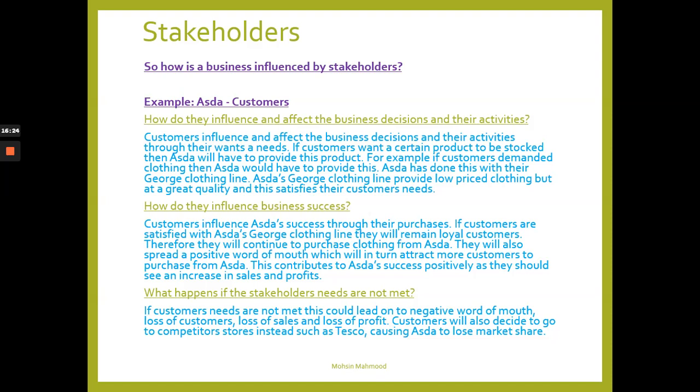So, customers influence Asda's success through their purchases. If customers are satisfied with Asda's George clothing line, they will remain loyal customers. Therefore, they will continue to purchase clothing from Asda. They will also spread a positive word of mouth, which will in turn attract more customers to purchase from Asda. This contributes to Asda's success positively, as they should see an increase in sales and profits.